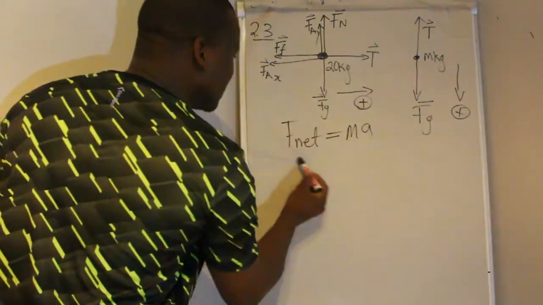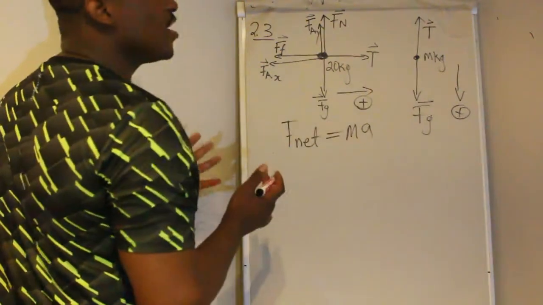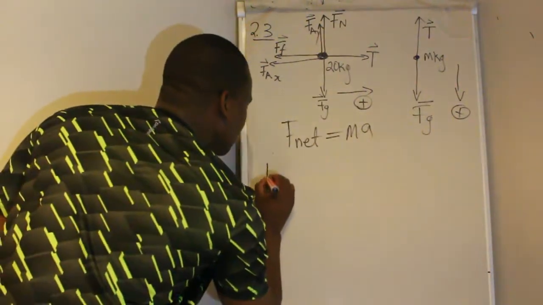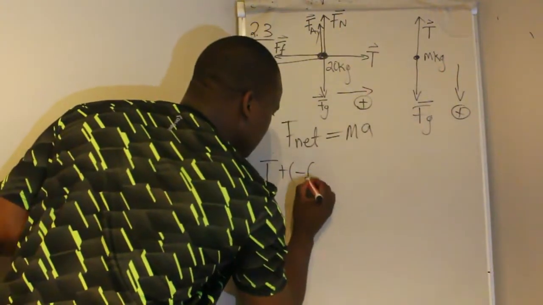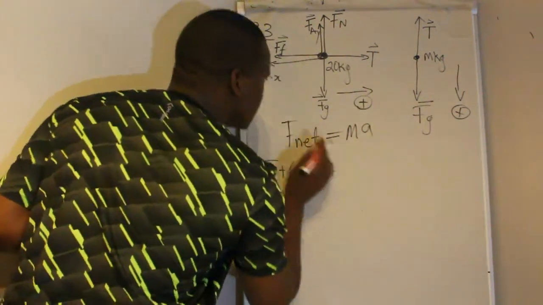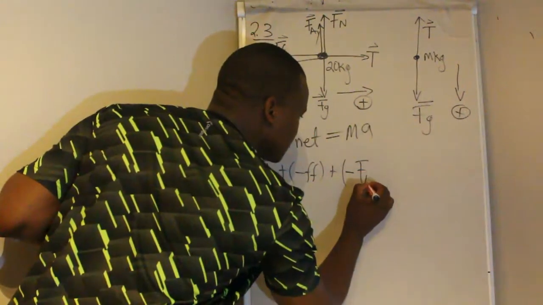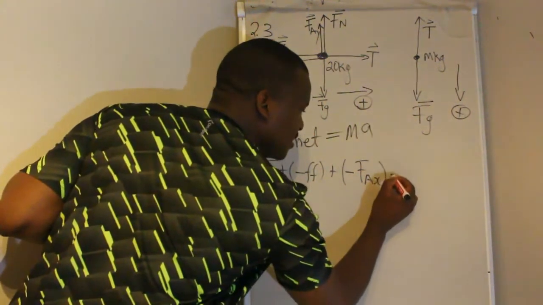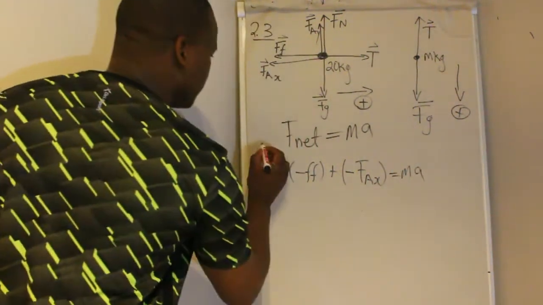So now, for the net force, you are summing your forces. We have the tension force plus negative frictional force plus negative force applied in the x direction is equal to MA. This is for the 20 kg block.